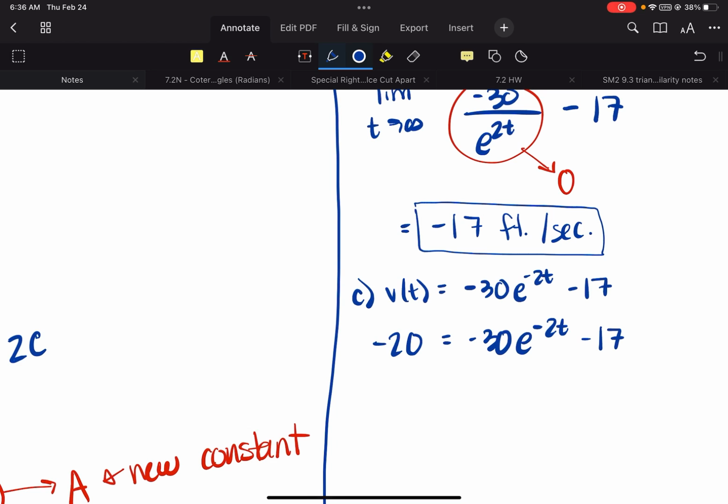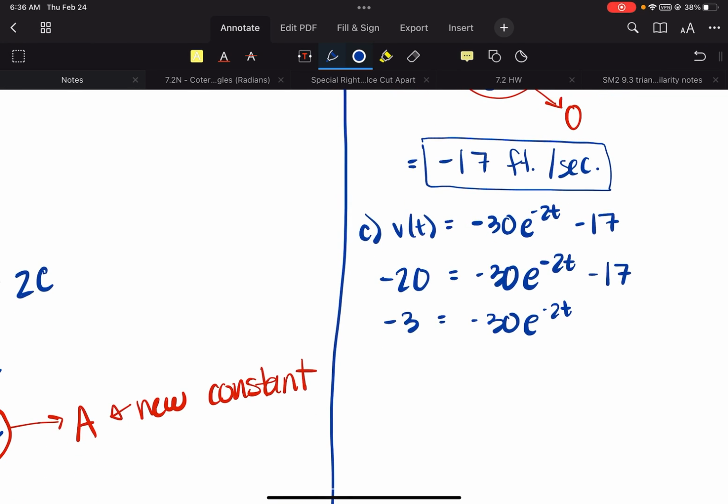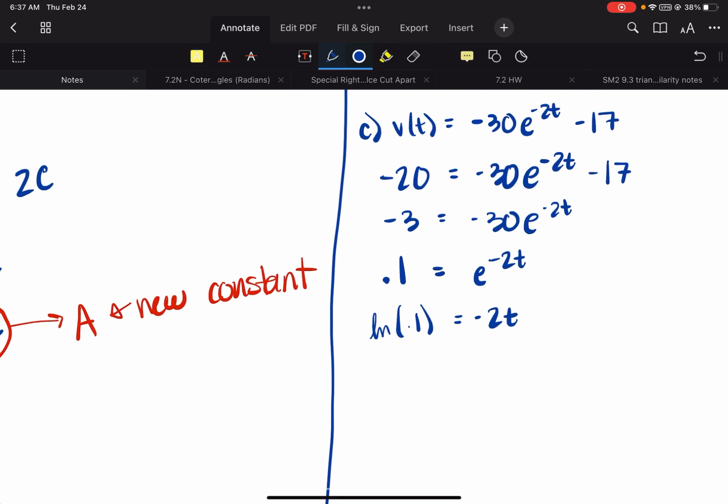Now I'm just going to solve this equation. I add 17 to both sides, divide both sides by 30, take the natural log of both sides, and divide both sides by negative 2.